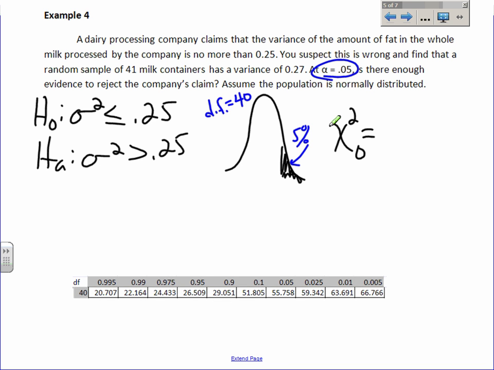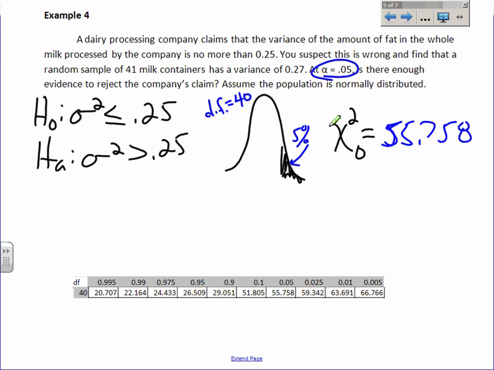Here's 40. Do we look at 95 or do we look at 5? Let's look at 5, which is 0.05. So it's right here, 0.05 and 40: 55.758. That's out there a ways, but remember, the higher the degrees of freedom, the better this distribution gets.